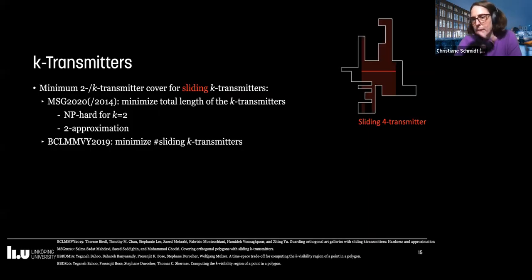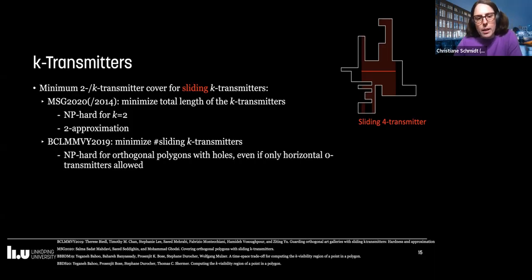So placing one sliding k-transmitter, no matter how long, always costs you 1. And again, that's NP-hard, and here it's already NP-hard if you have 0-transmitters, so you can't look through walls, and all of them are restricted to be horizontal. And also there, Biedel et al. presented a constant factor approximation.